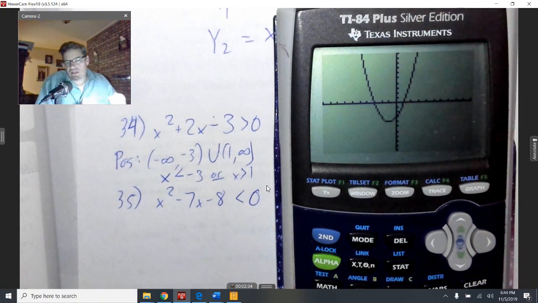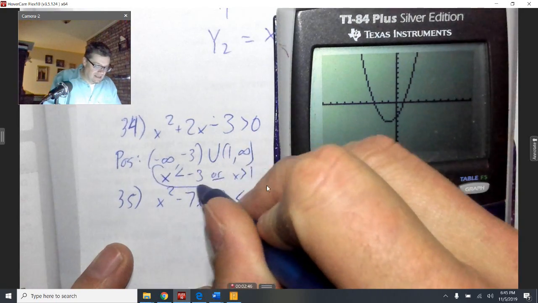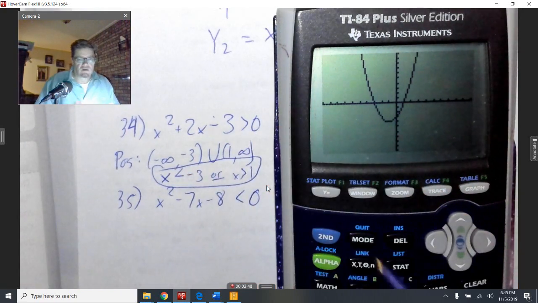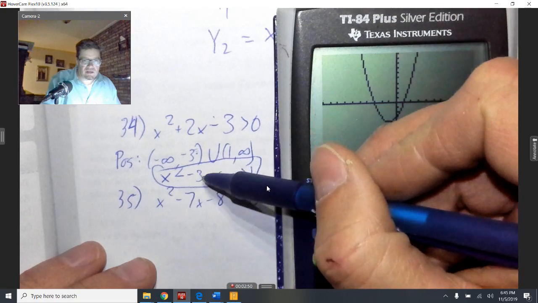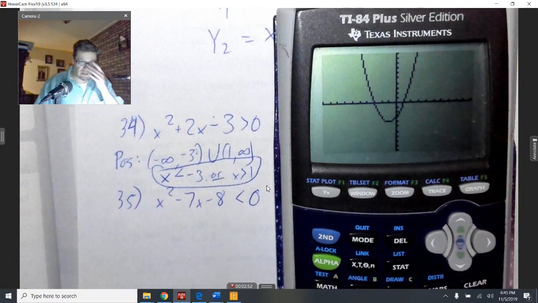When you say solve, it means that you should have x in your answer, right? x equals, or x is less than or greater than something. That's the solution. So this is your final answer. But this is in interval notation. This is in somewhat set notation.